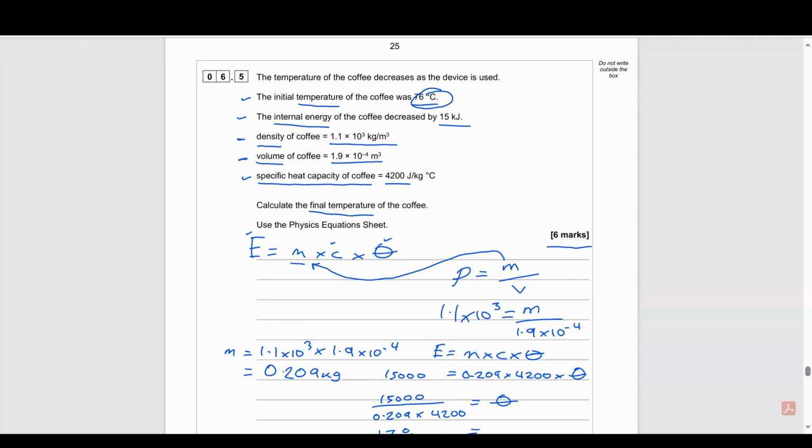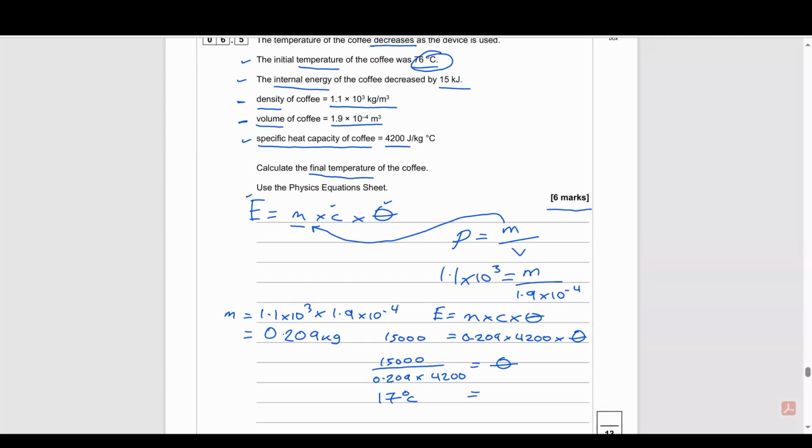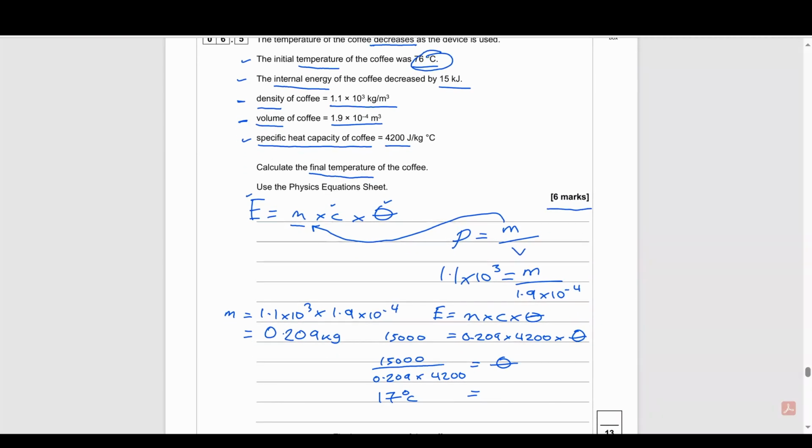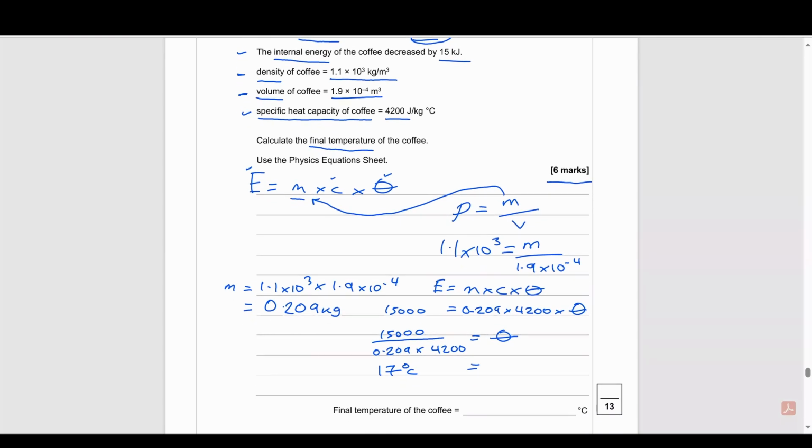It says that the temperature of the coffee decreases as the device is used. So if the temperature change is 17 and the initial temperature was 76 and it's going to decrease, what we would need to do then to find the final temperature is do 76 minus 17, and that will give us a final answer, a final temperature of 59 degrees Celsius.